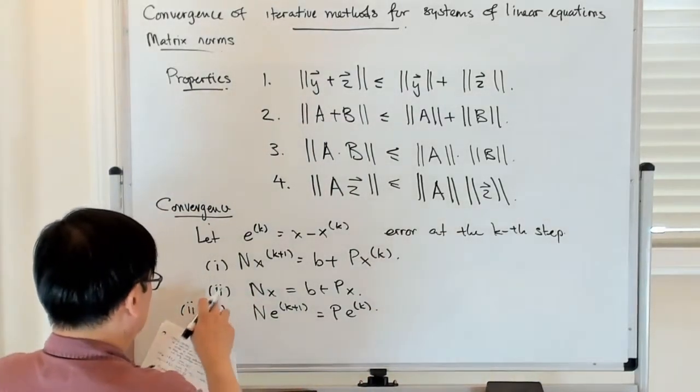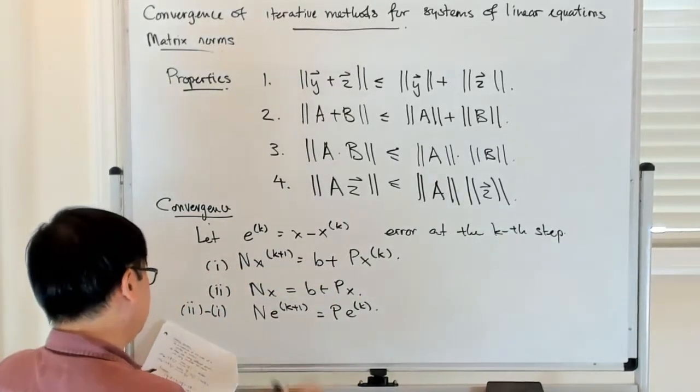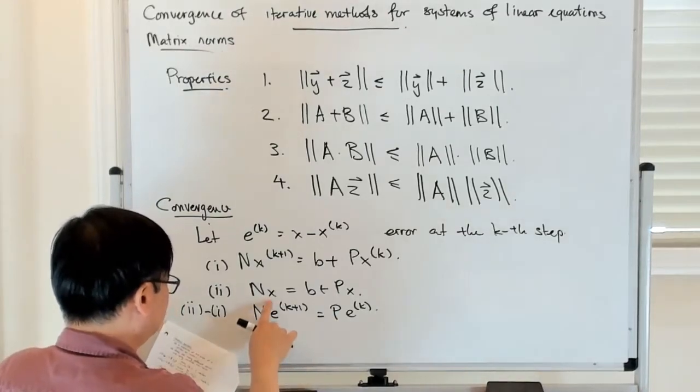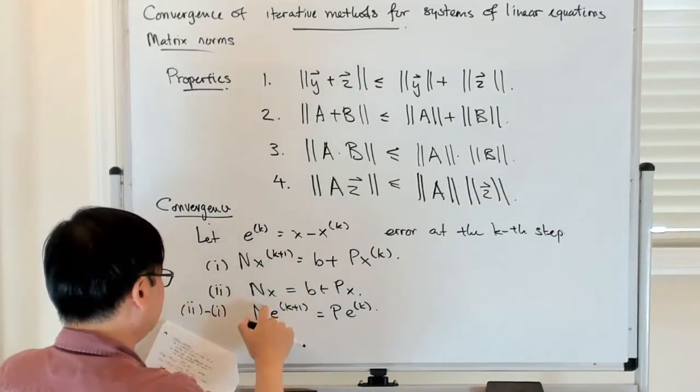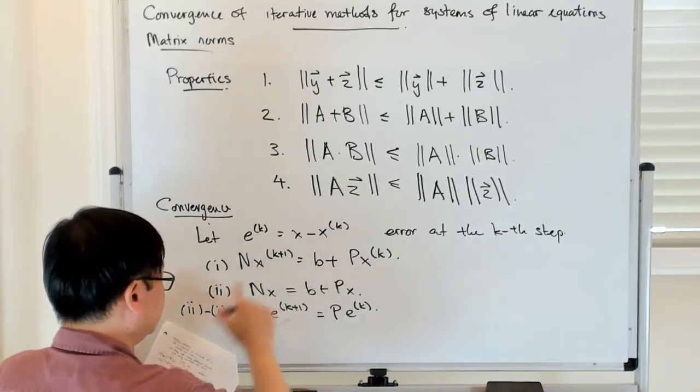So this is the defining equation for the fixed point equation, where x is a fixed point, the exact solution of the linear system. And this is just the iteration.